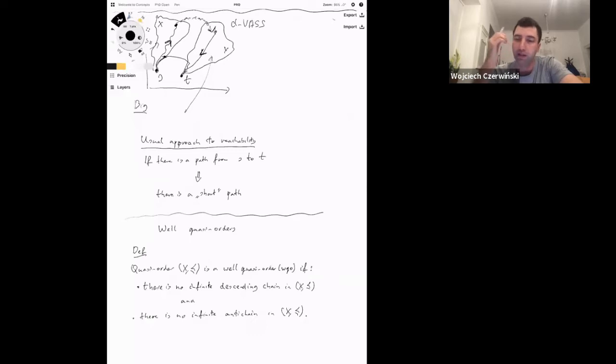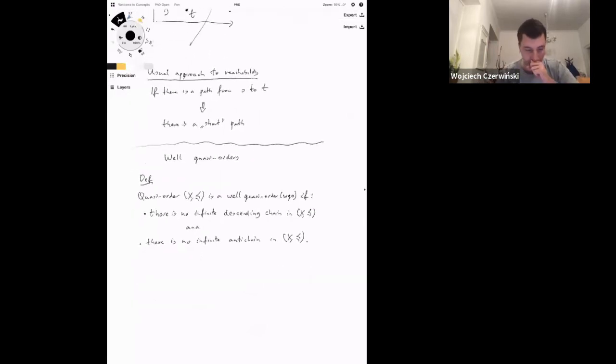So there is a clash of names, unfortunately, but just keep these two conditions in mind. Using well quasi-orders is a very useful technique in infinite state systems, and usually it's useful to show that some algorithm terminates.